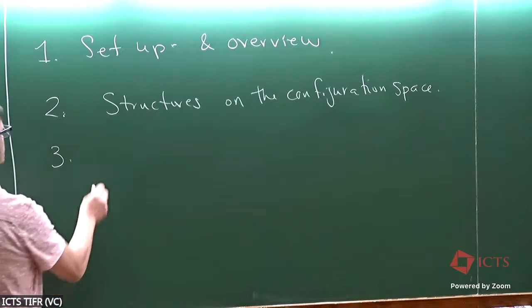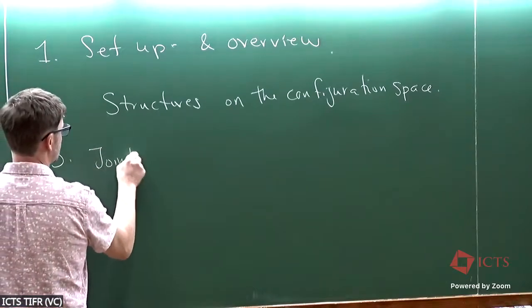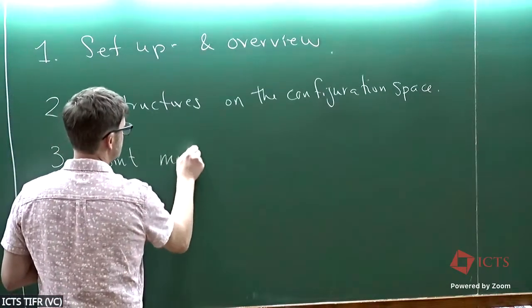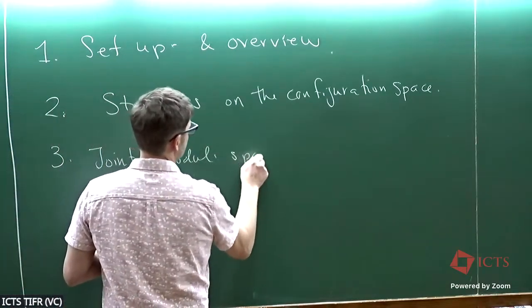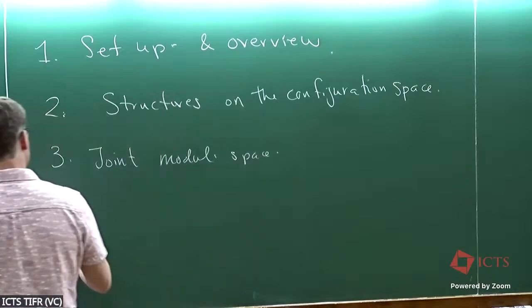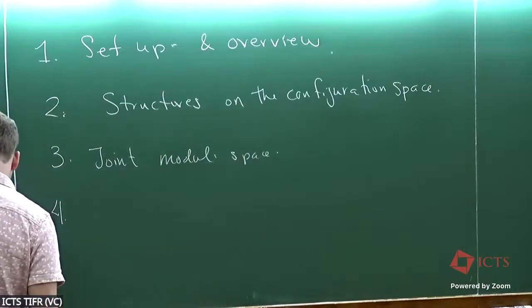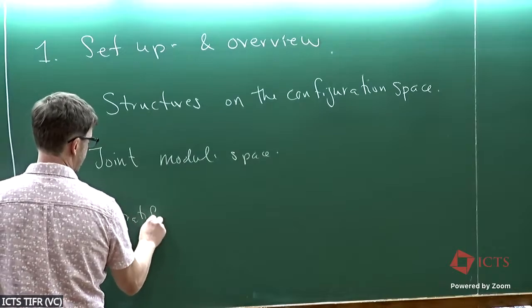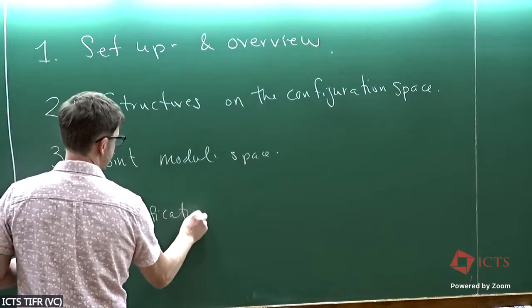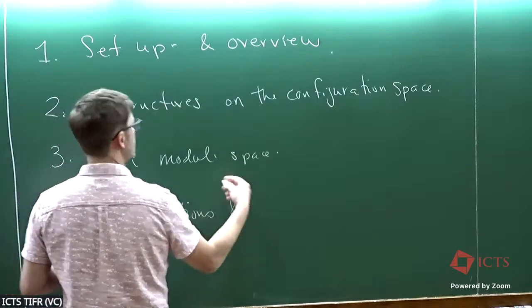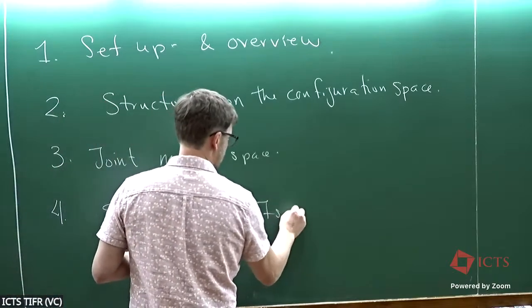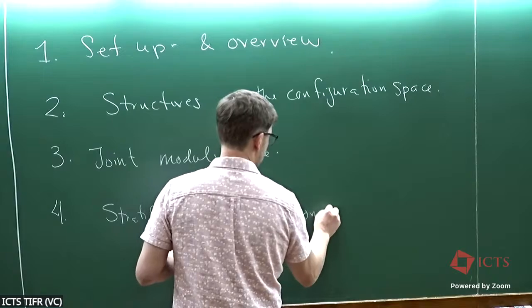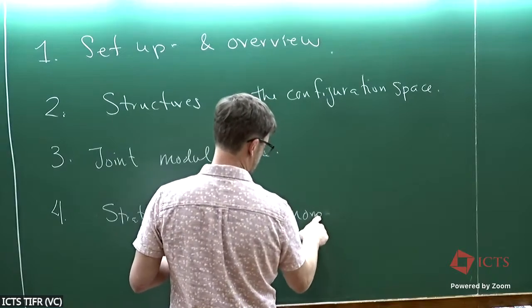And then I'll talk about something we're calling the joint moduli space. And then I'll hopefully tell you about a stratification of it, and its relation with what I'll call isomonodromy.